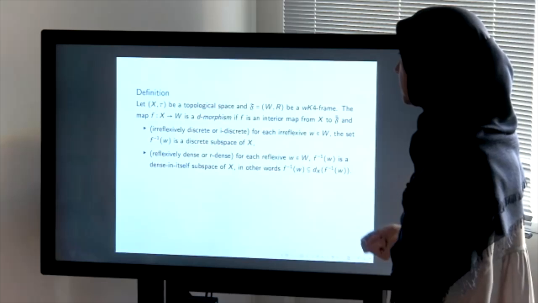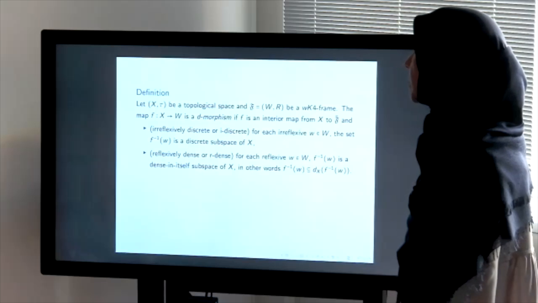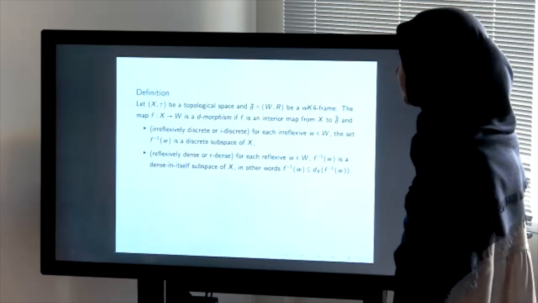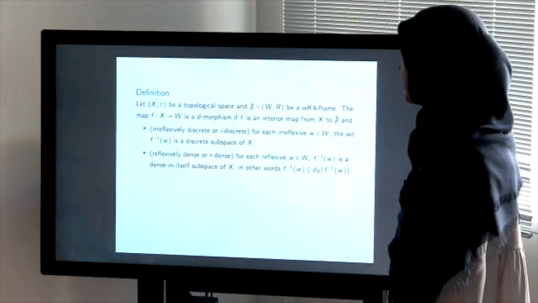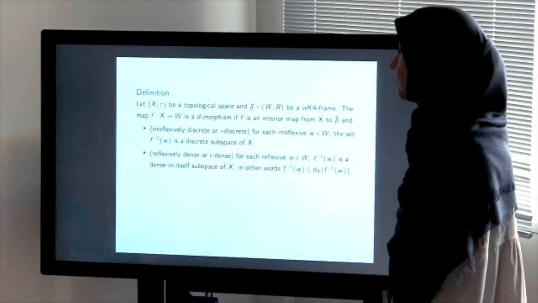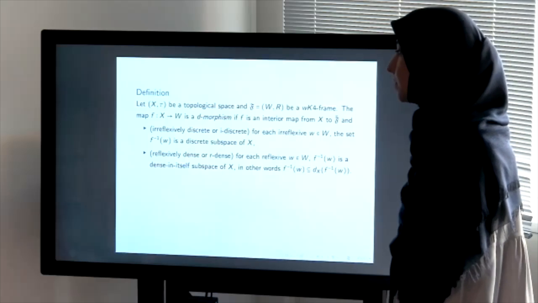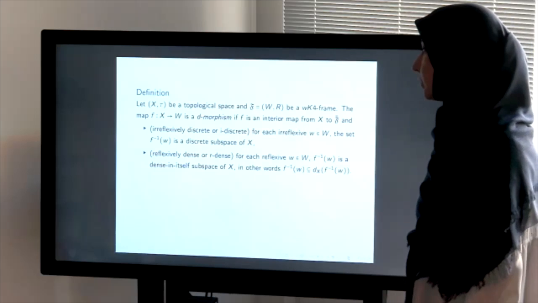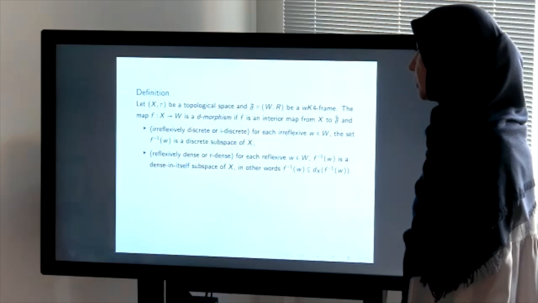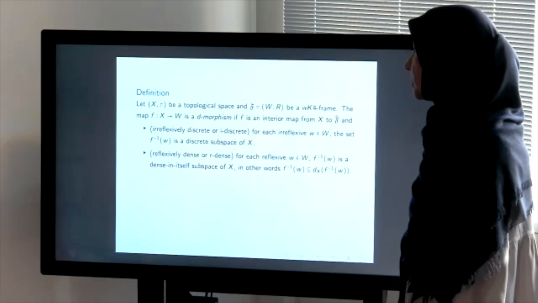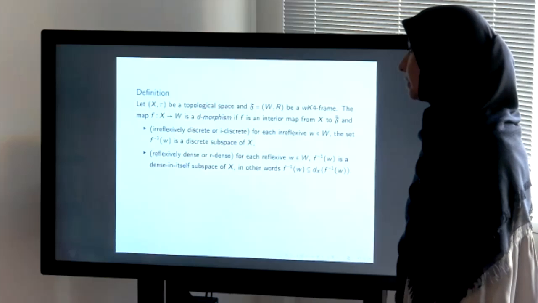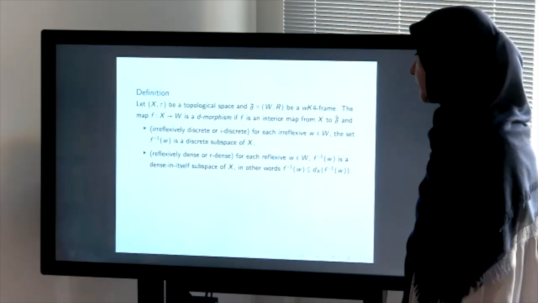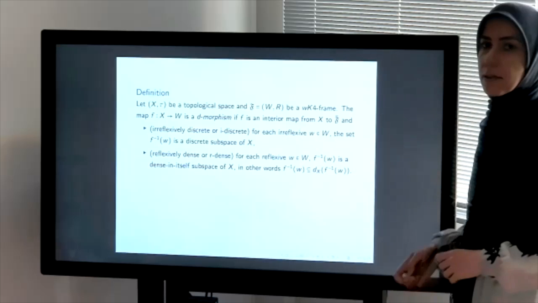And then f should have two other conditions. The first one is called irreflexively discrete, or I-discrete for short, which says that for each irreflexive point w, the set f inverse of w is a discrete subspace of X. The other condition is reflexively dense, or R-dense for short, which says that for each reflexive w in W, f inverse of w is a dense-in-itself subspace of X, or in other words, f inverse of w is a subset of d_X of f inverse of w.